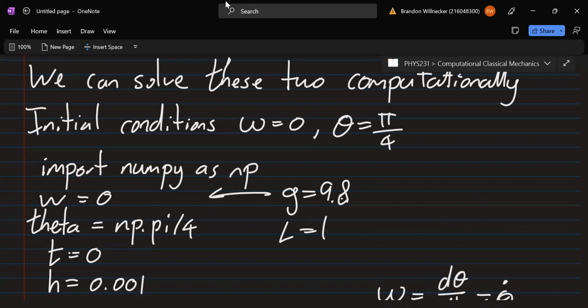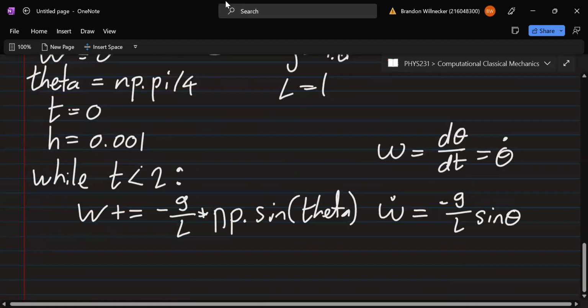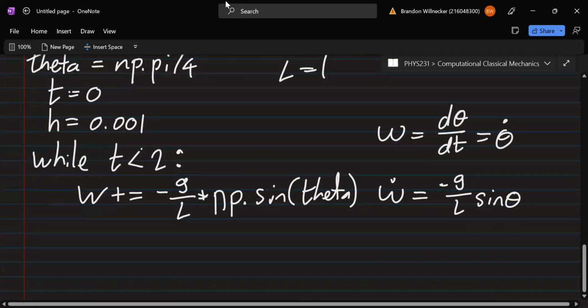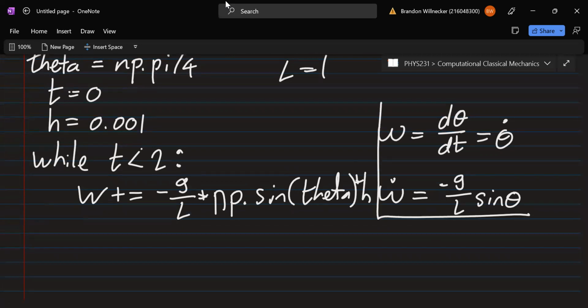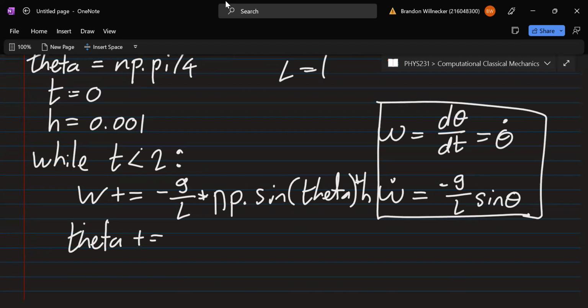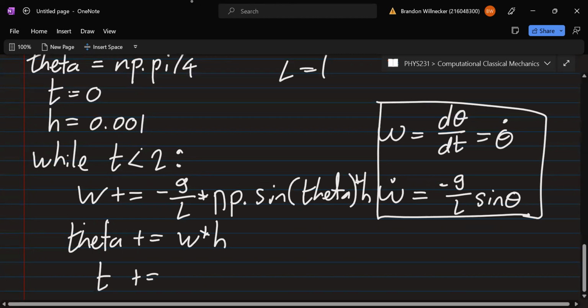So we can just add that to the top with our constants. Times h, that's separate. And then we can update theta plus equals. Theta dot is just omega, so we can update it as w times h. And then we can update our time, so t plus equals h.